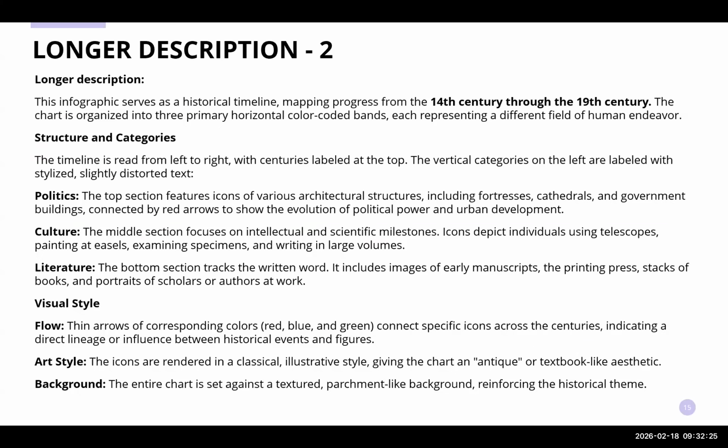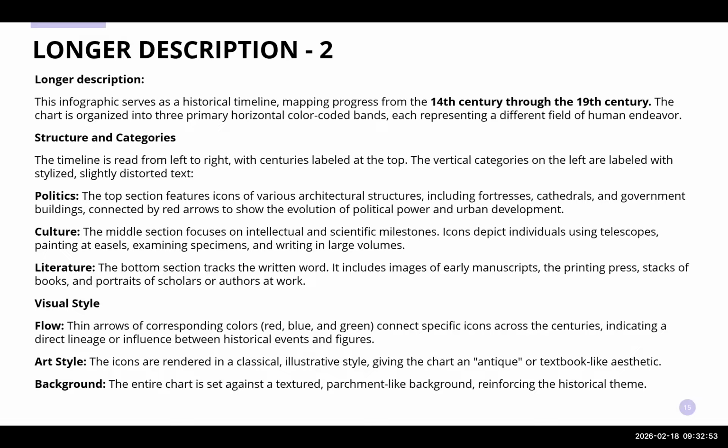Now, because this timeline is so dense with information, a simple caption would not do it justice. So think of this longer description like a verbal map of infographic material. So we start by giving the student the overall structure, explaining that the chart moves from left to right across 6 centuries and is divided into 3 horizontal bands.